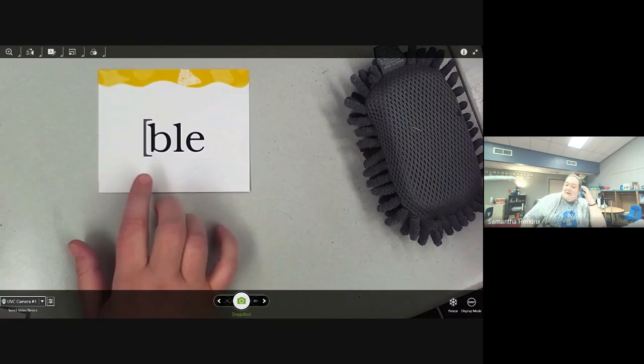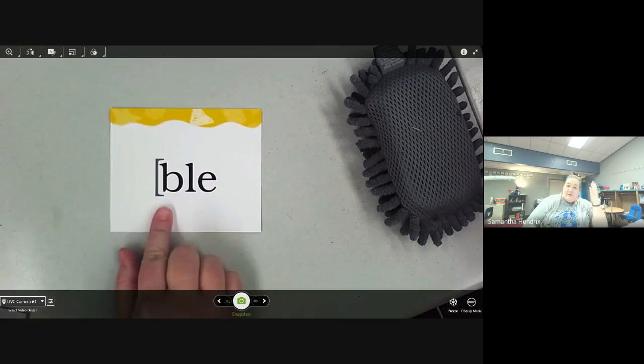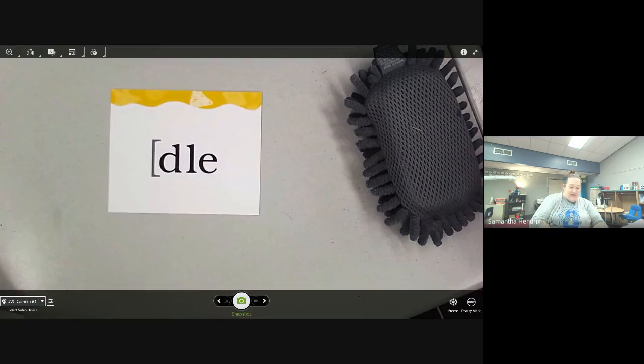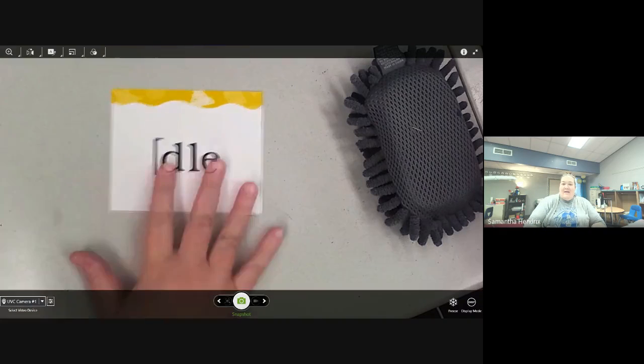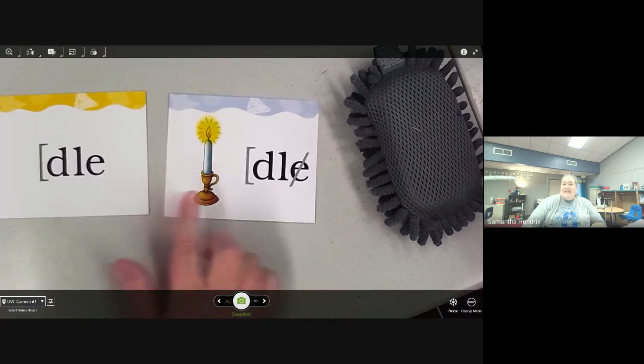So when we see this card, we say final stable syllable BLE. Okay? Yes, it's a mouthful. Yes, it's a lot. Final stable syllable BLE. So when you see this one, we say final stable syllable DLE. Okay? And our picture card for this one is candle.